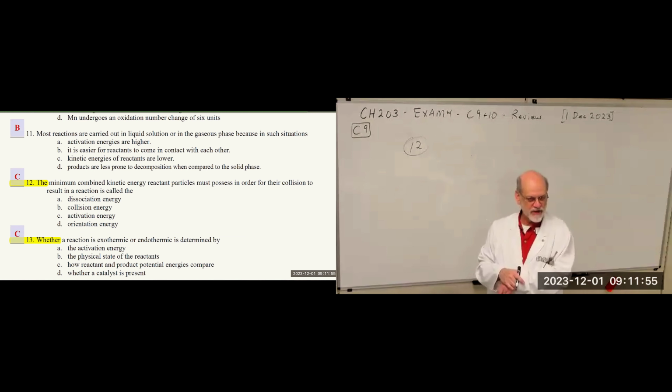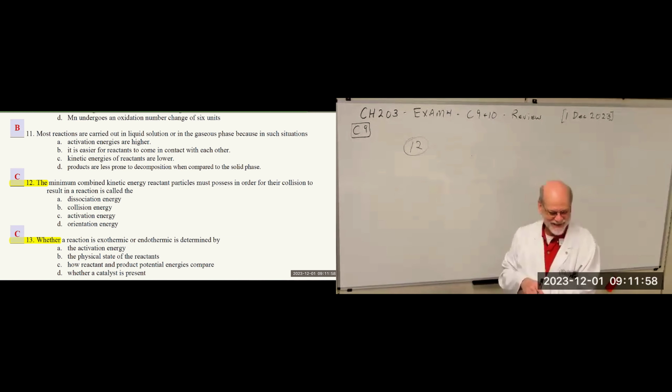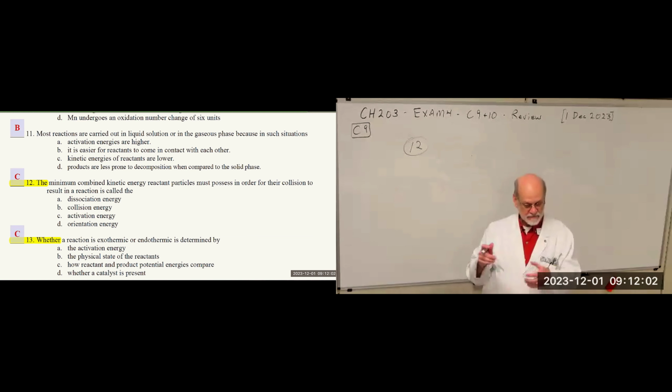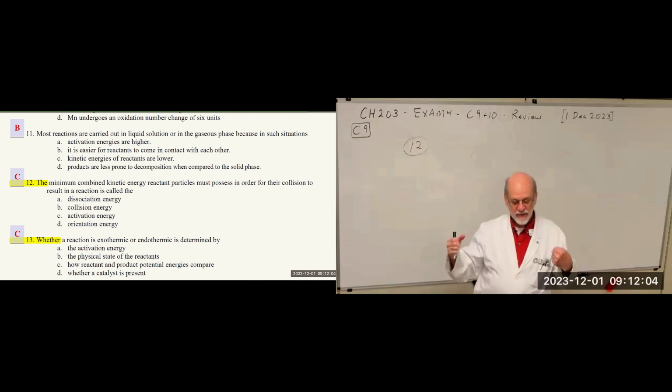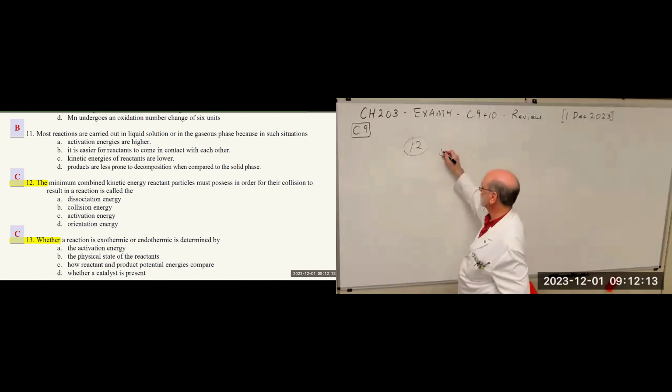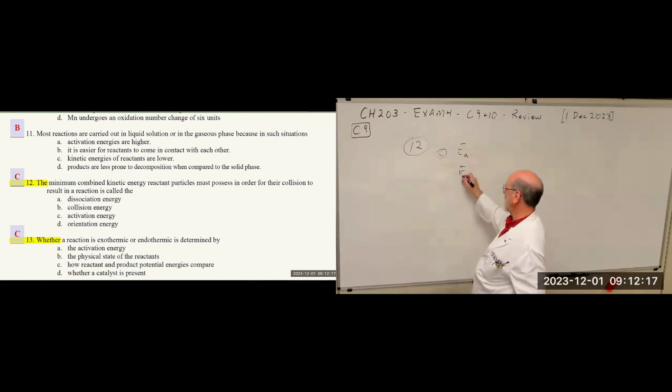You got a 25% chance of being right. Activation energy. That's the amount of energy that the two colliding particles must have in order for a reaction to occur. The minimum amount. Activation energy. Sometimes we write it like this. Sometimes we write it like that.